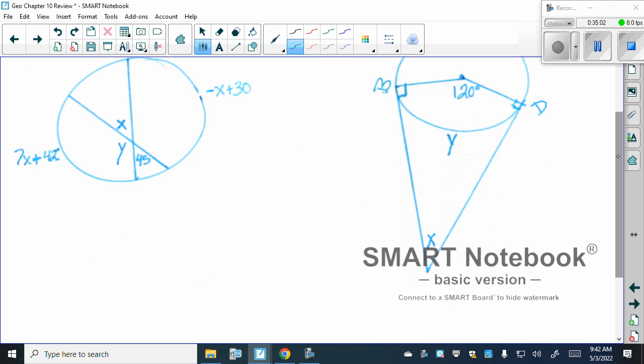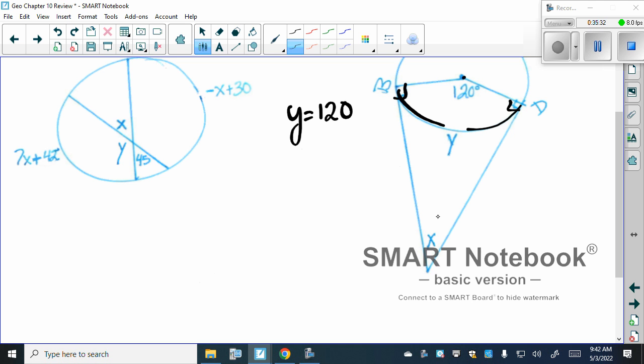What do we know about a central angle and its arc? They're congruent, so y is 120 and x are going to add together to be 180. Because this four-sided figure does add up to be 360, but 180 and 90 and 90 is 360 minus 180 is 180, yes?